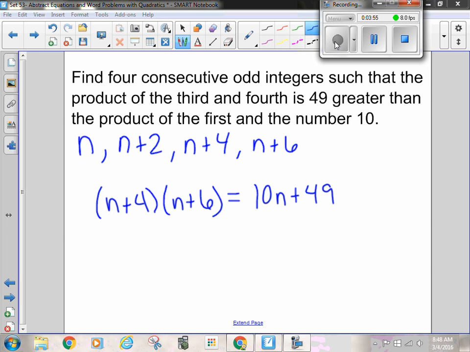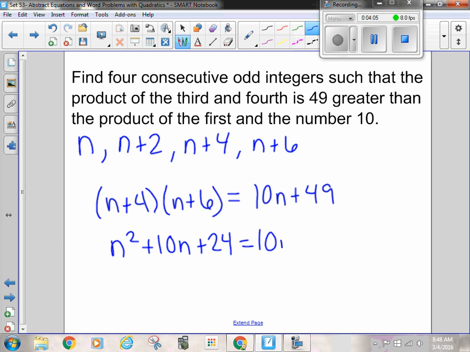Okay, so on my left side here, I'm going to FOIL or use the box method, and I end up with n squared plus 10n plus 24 equals 10n plus 49. I see I have a 10n on both sides, so they are going to cancel. And I have n squared plus 24 equals 49.